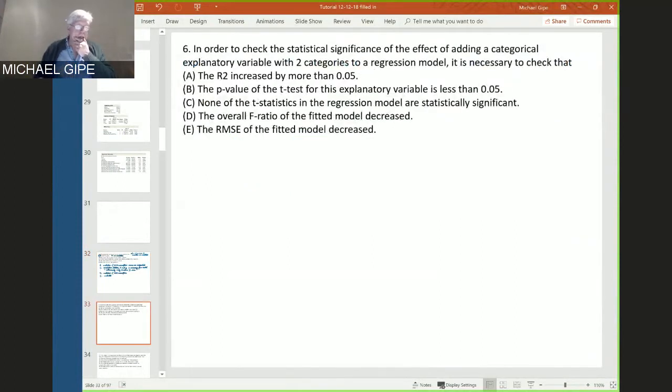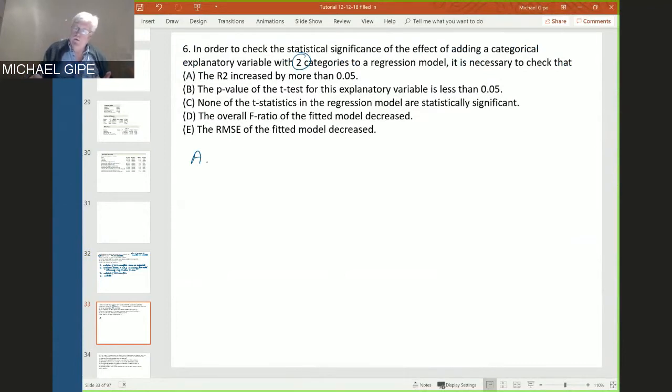Next one that we want to cover here is question number 6. In order to check the statistical significance of the effect of adding a categorical explanatory variable with 2 categories to a regression model, it is necessary to check what? How about A? The R-squared is increased by more than 0.05.